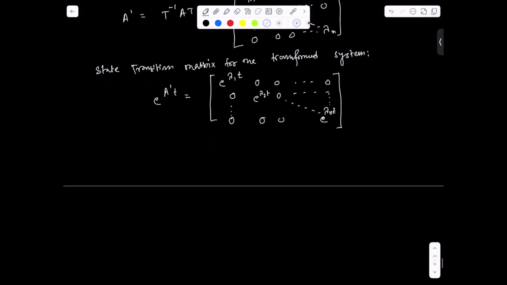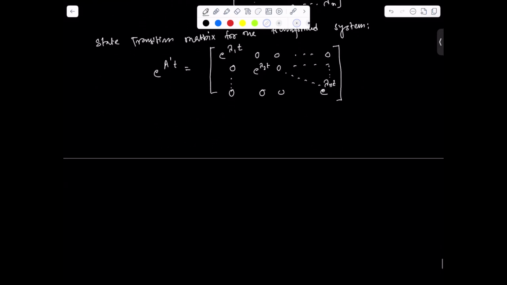Now we'll find the relation between the transformed system's state transition matrix and the linear transformation matrix. So let's look.